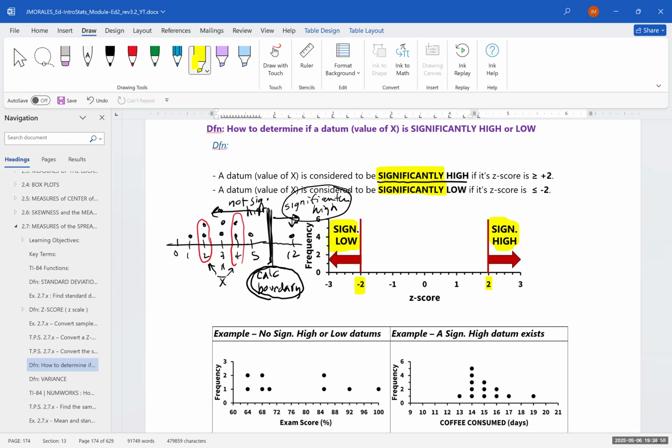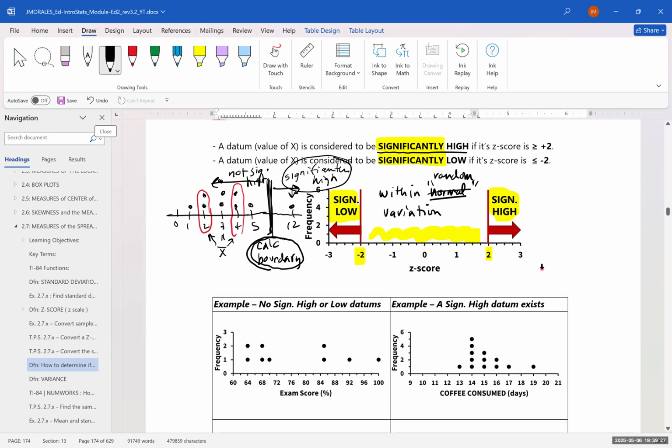Anything with a z-score somewhere between -2 and +2 is just within normal variation. Or instead of normal, let me say random. Within random variation.